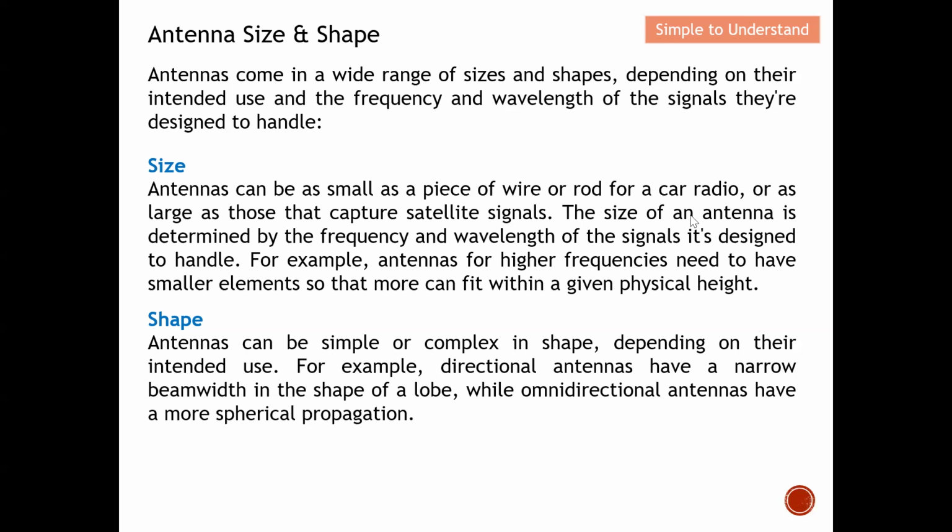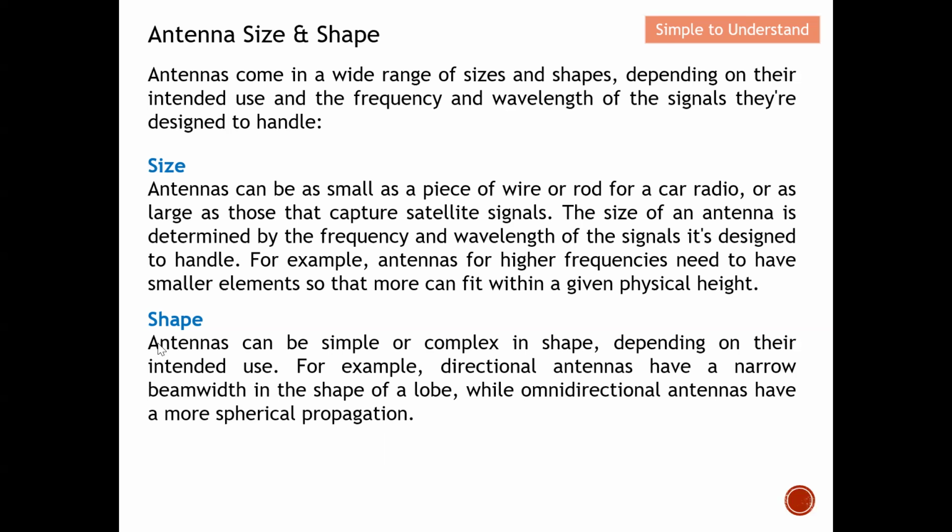The size of an antenna is determined by the frequency, and it will also affect the size of the wavelength. For example, antennas for higher frequency need to have a smaller element so that they can fit within a given physical height. So this is regarding the size of the antenna.